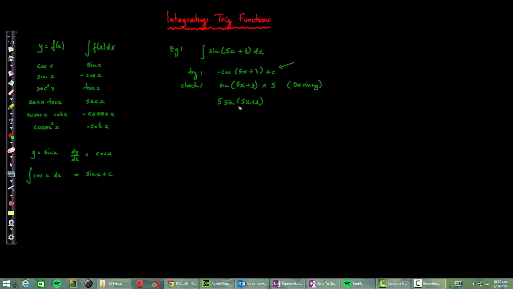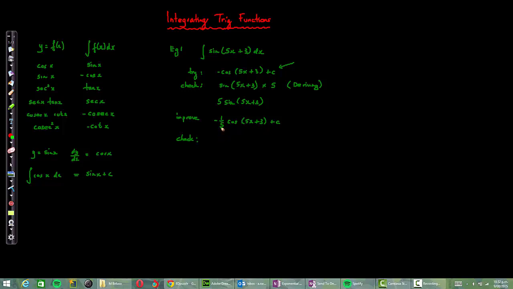Okay, well, as we can see, we're out. This is pretty close to this, but we're out by a factor of 5. So let's improve that by compensating for that factor of 5, and we got that factor of 5 because we multiplied by 5 here. So maybe an improved answer would be negative 1/5 cosine 5x plus 3 plus our constant, and let's check that once again by deriving this better answer.